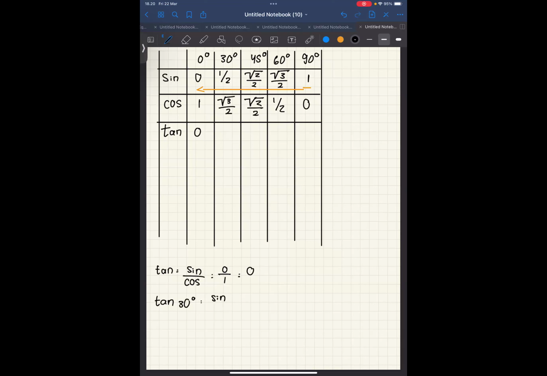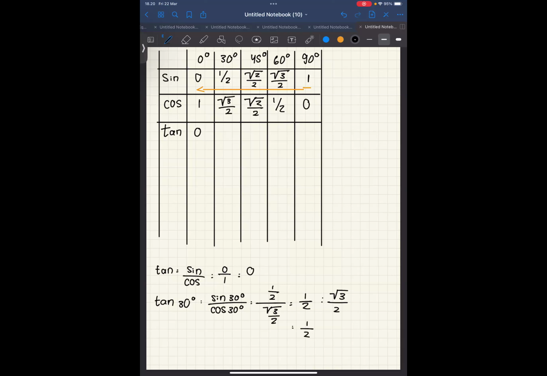So sine 30 degrees over cosine 30 degrees, which is half over square root 3 over 2. We can also write this as half divided by square root 3 over 2. If you find something like this, you can just flip it over, okay?